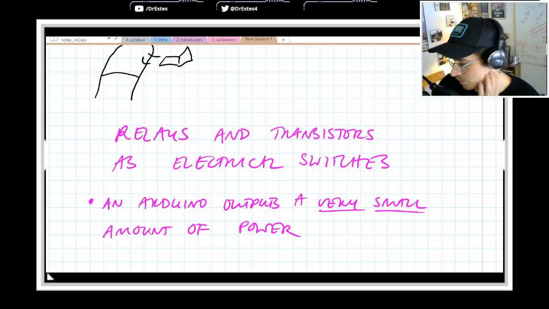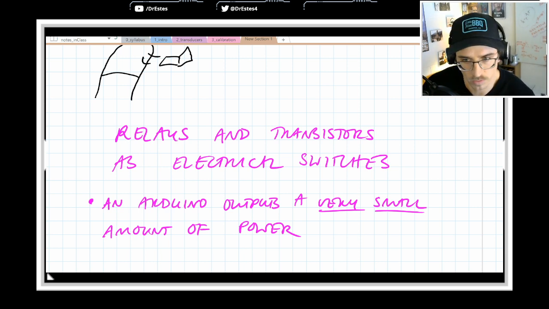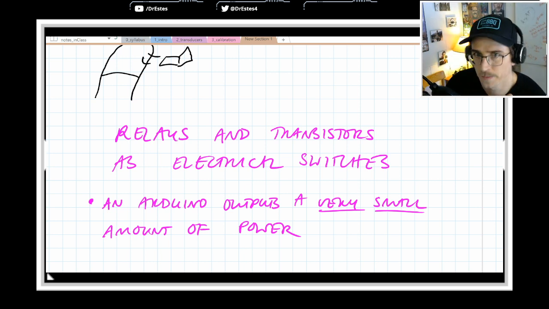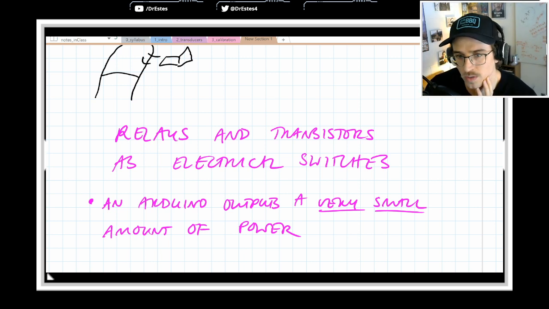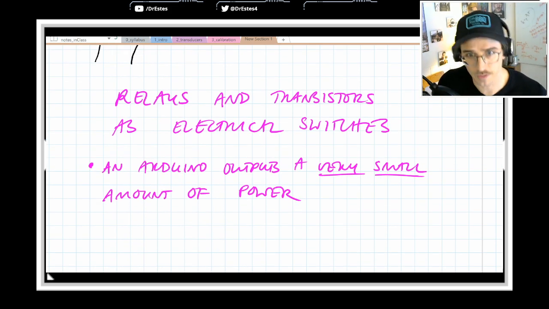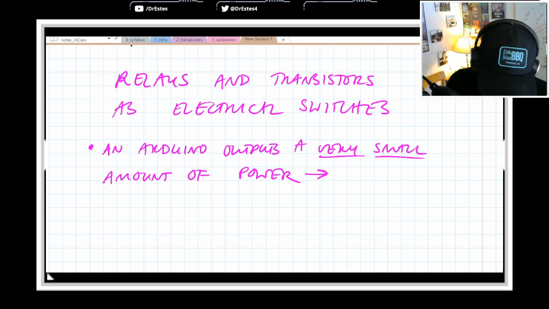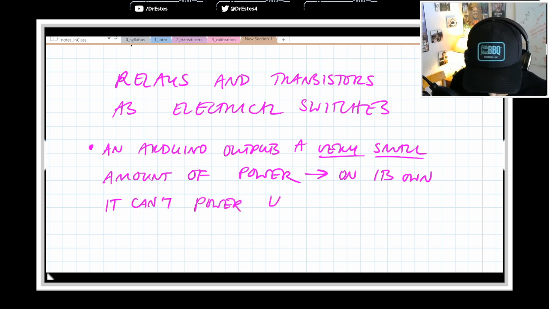But what if you want to control a powerful motor? Or a solenoid that takes a certain amount of voltage. The Arduino is not going to have enough power to interface with larger devices. So on its own, it can't power larger devices.